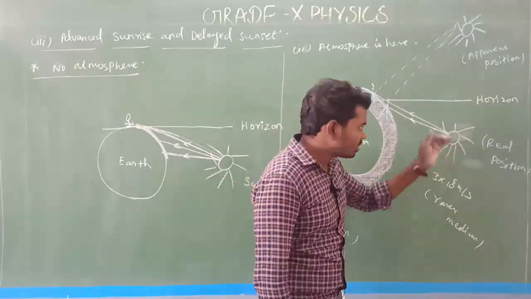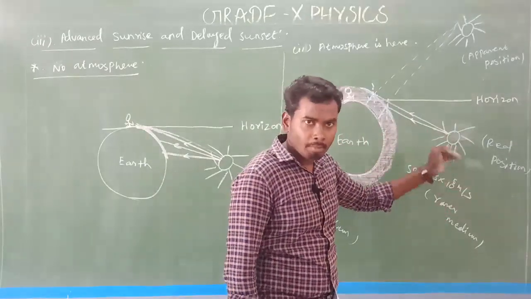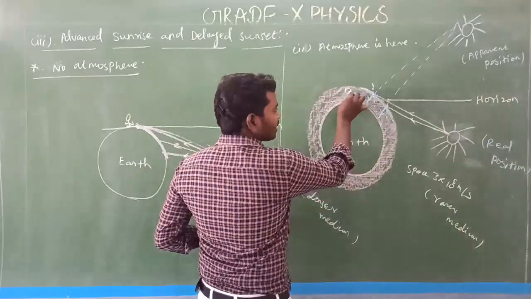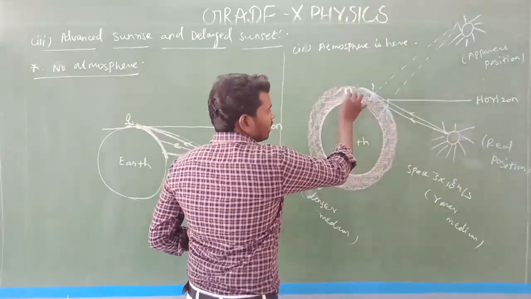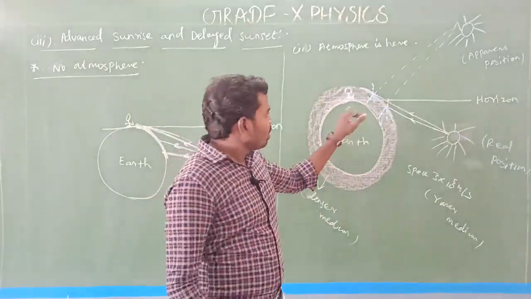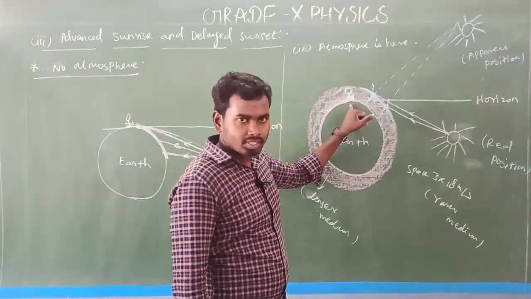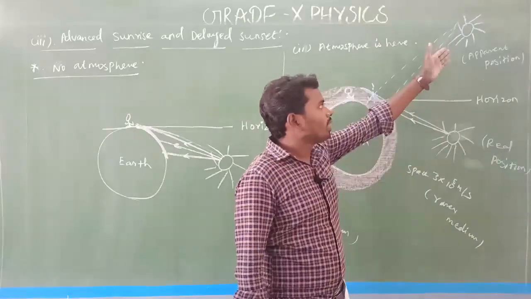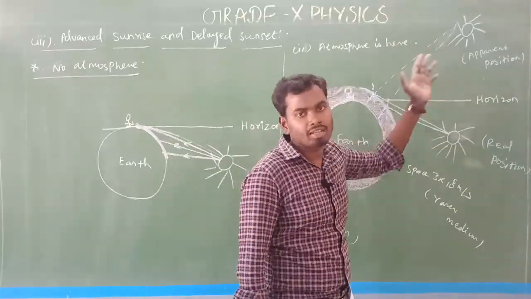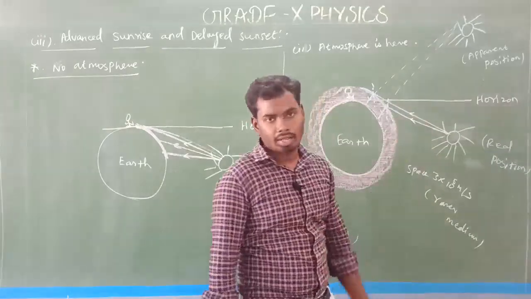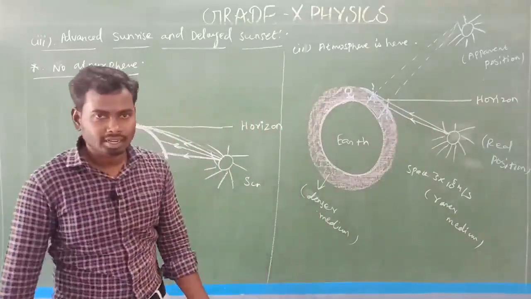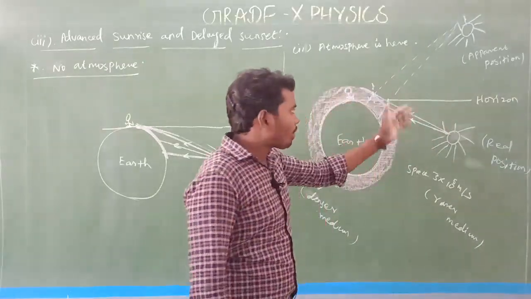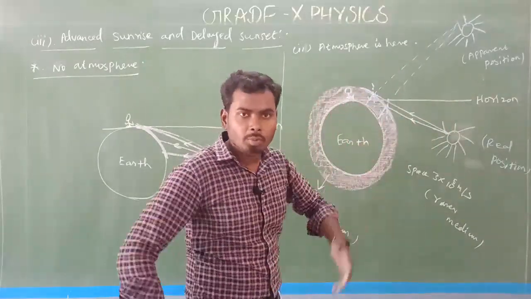Actually, the sun is still below the horizon. But if we see from the Earth's surface, here, this is a human being, the sun appears to be raised above the horizon. That is the apparent position. This apparent position happens due to atmospheric refraction.